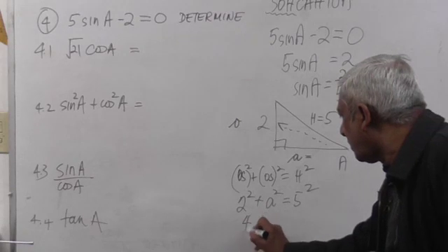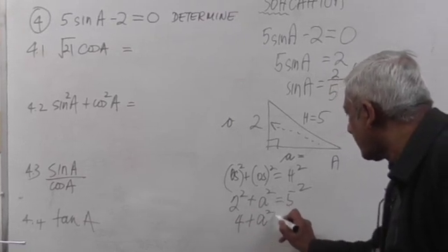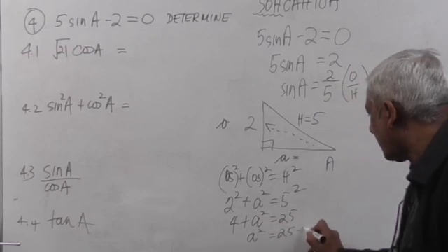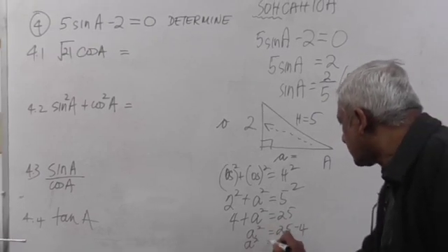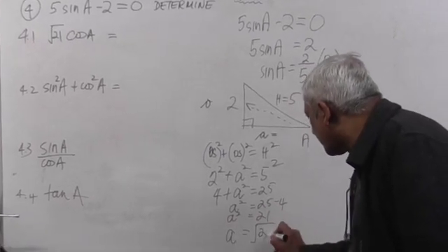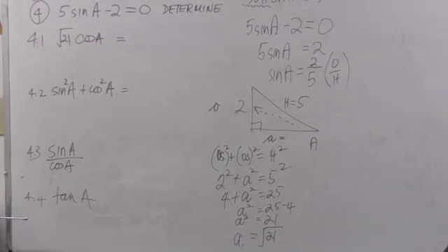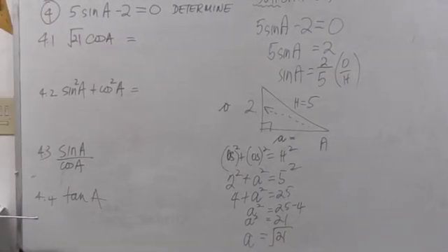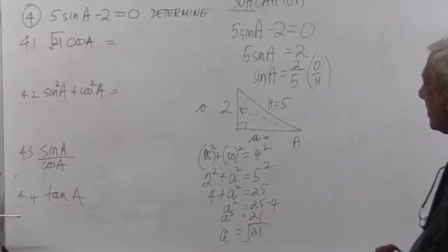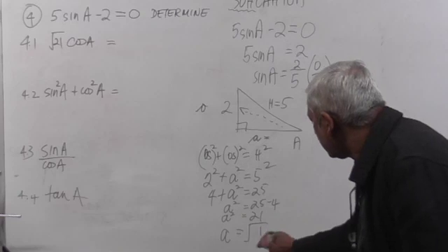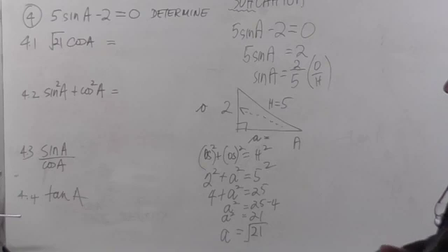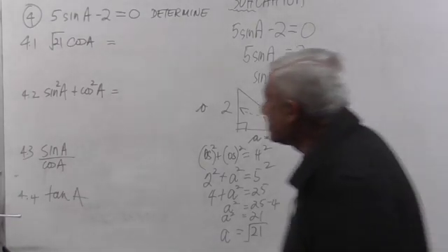So you'll end up with 4 plus A squared is equal to 25. A squared is equal to 25 minus 4. A squared is equal to 21. A is equal to square root of 21. So just leave it in surd form. Let's write that neatly. Square root of 21. Now we have done this, we are ready to answer the questions.